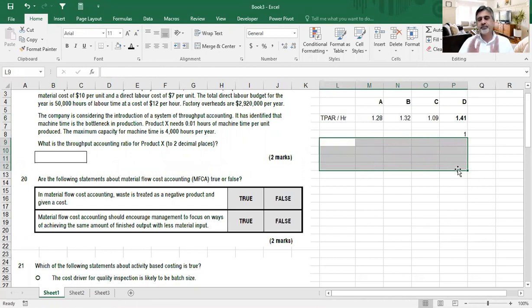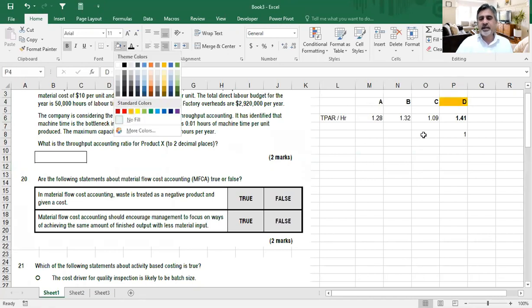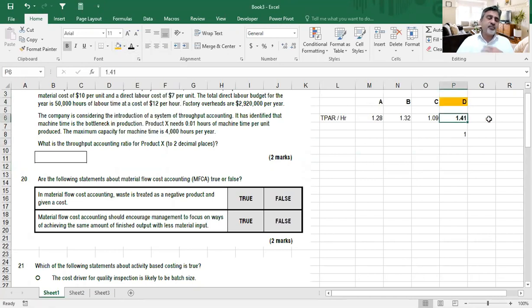Whatever you take, based on hourly, daily or weekly, TPAR should remain the same. Now, when I say 1.41, it means that in the case of product D, my contribution per hour is 41% more than my cost per hour, which means that if my cost is 100, my contribution is 141.